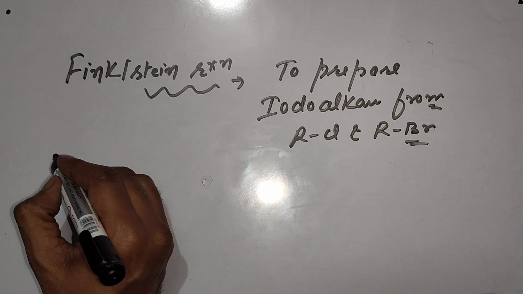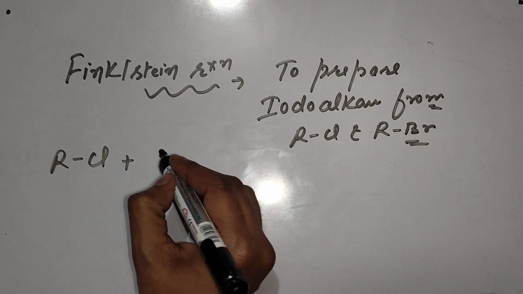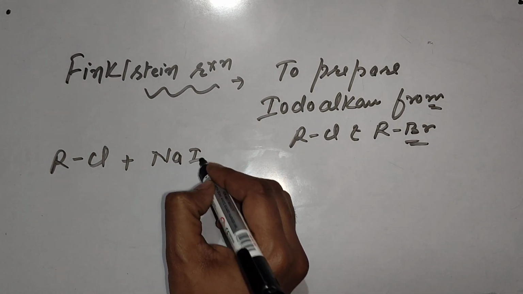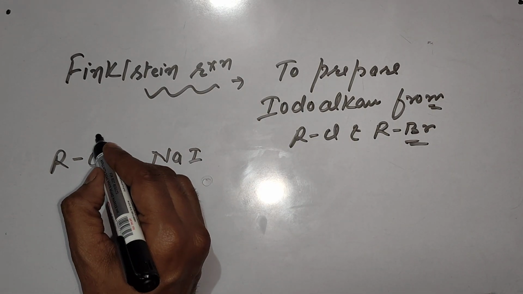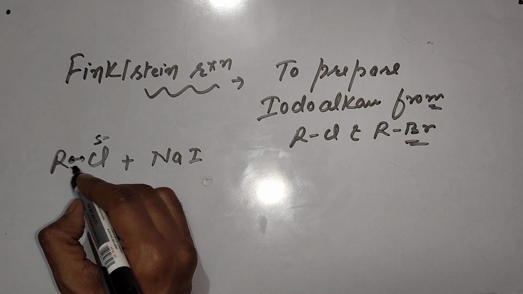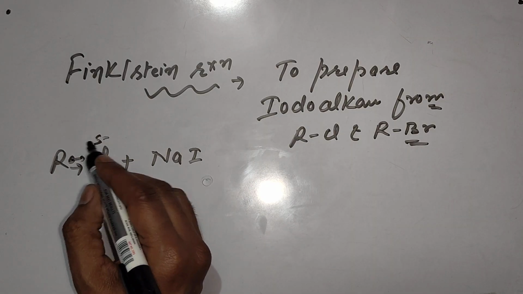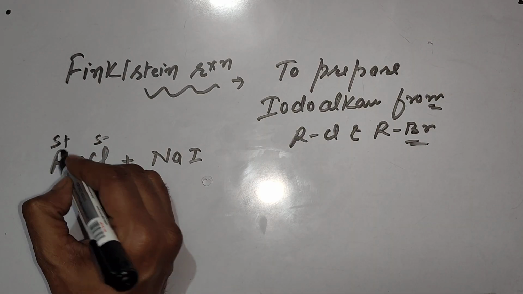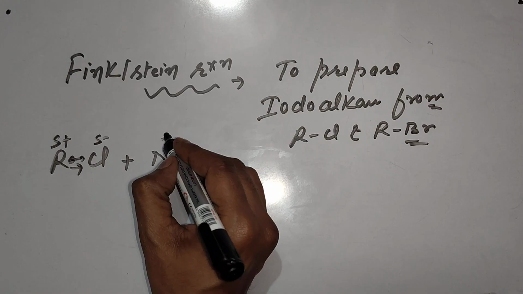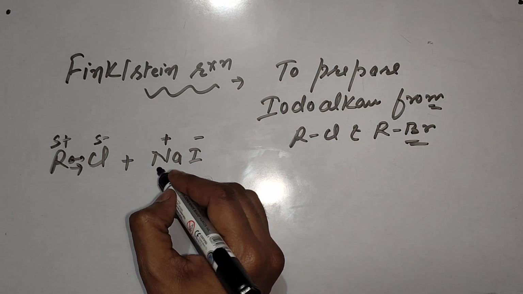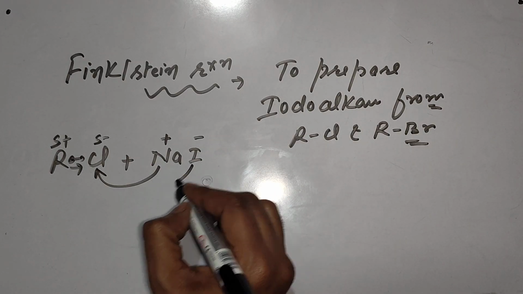Again, very simple to understand. RCl and you need sodium iodide here. In RCl, Cl is more negative because electrons are pulled toward chlorine due to its higher electronegativity. Carbon will get a positive charge. Sodium we know is positive, iodide will be negative. Again positive, negative, negative, positive.